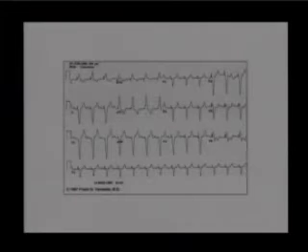Now, I thought we'd take a look at a strip here that relates to it. When the pacemaker goes zap, there's a little electrical current that shows as a vertical line. So you can see a little line there, here, here, here.